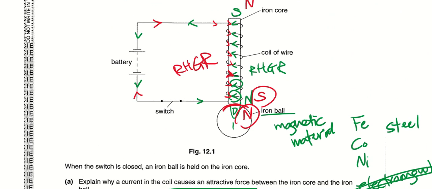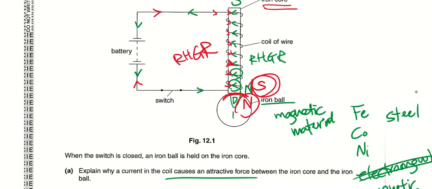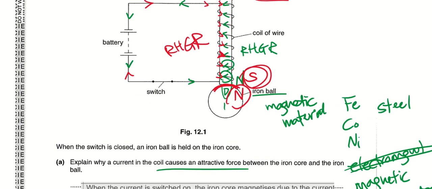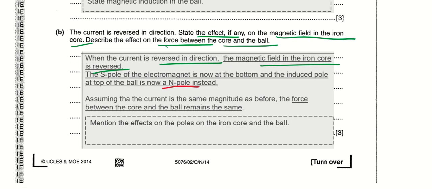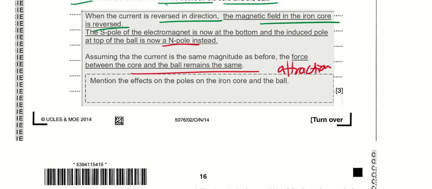The south pole is now at the bottom for the iron core, whereas the iron ball, the end that is nearer to the iron core, will now be induced with a north pole. So assuming that the current is the same, the force between the core and the ball remains the same, therefore there will still be attraction. Okay, it's still attractive force.